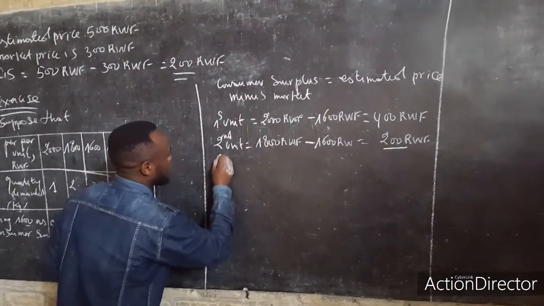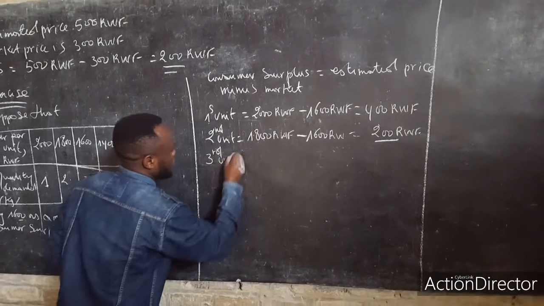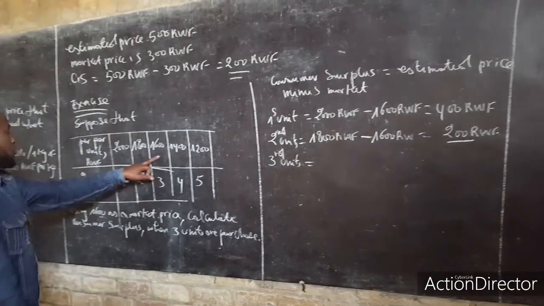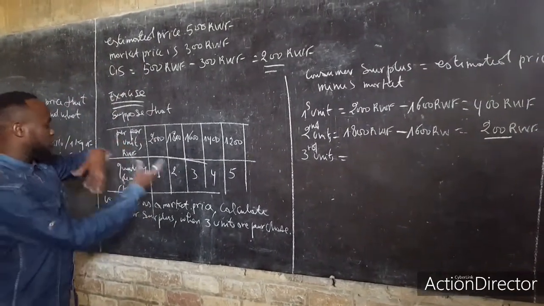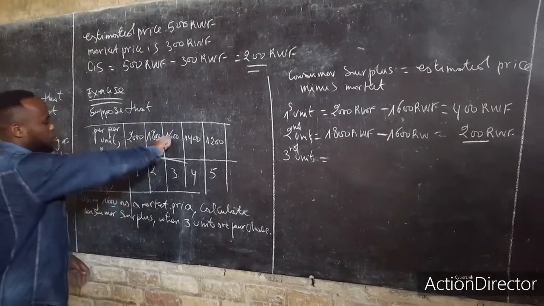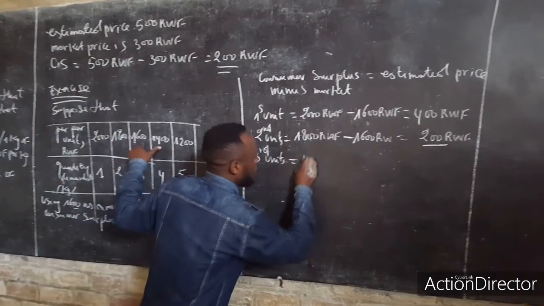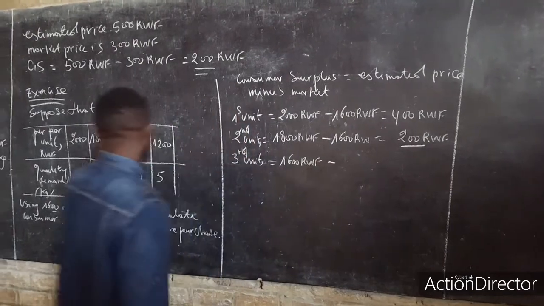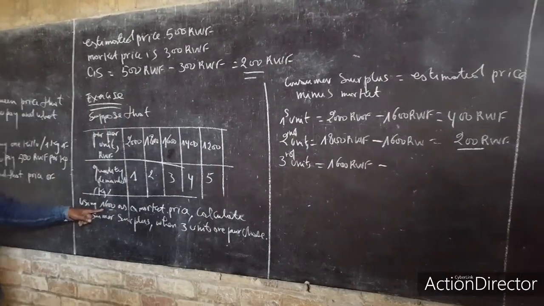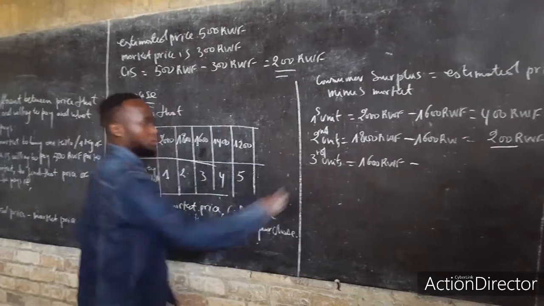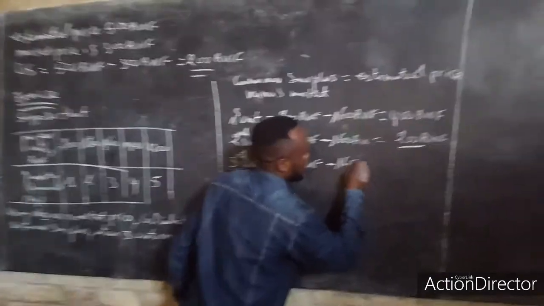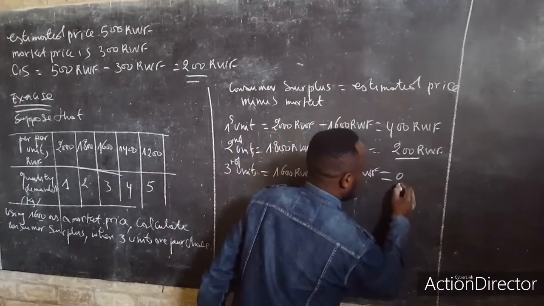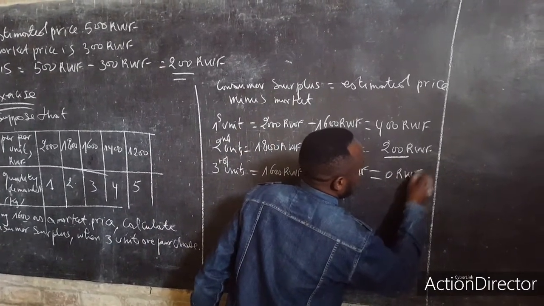The third unit, the consumer is estimated to pay only 1,600 Rwandan francs, minus a market price of 1,600 Rwandan francs. The result is 0 Rwandan francs.